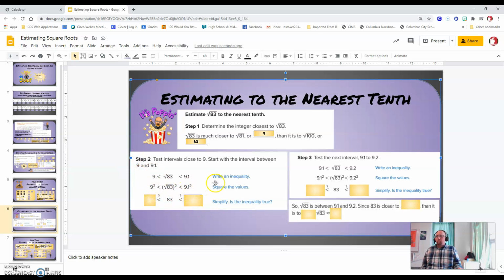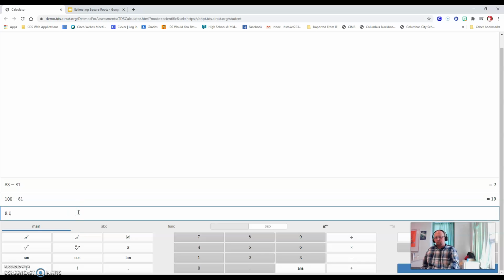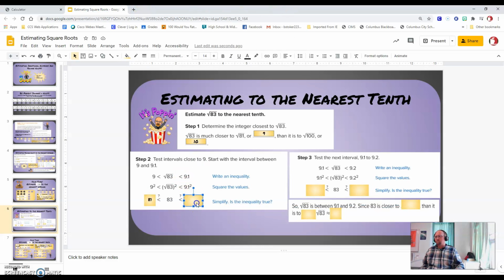I'm going to take 9 and square it, and 9 times 9 is 81. That I know. And 9.1 squared, I'm going to use a calculator to make sure I get it right. 9.1 squared is 82.81.